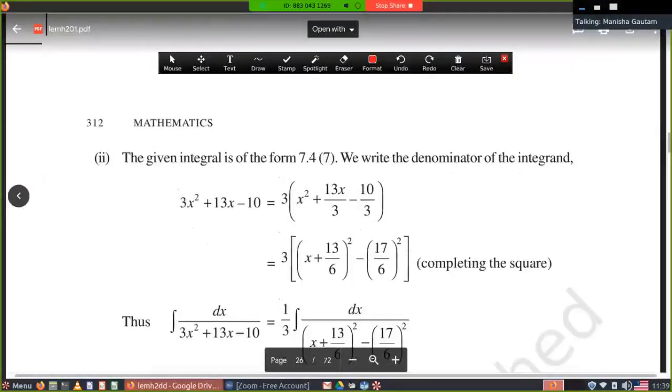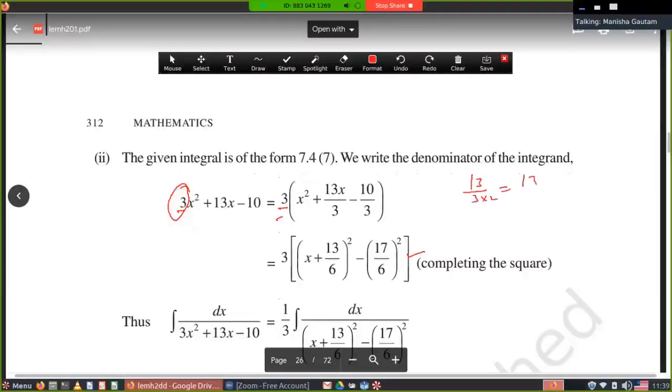Here is the concept. You are taking 3 common. X square plus 13x upon 3 minus 10 upon 3, because the first step to make the perfect square is to make the coefficient of x square 1. That's why we have taken 3 common. Now what you have to do? You have to take half of the coefficient of x.